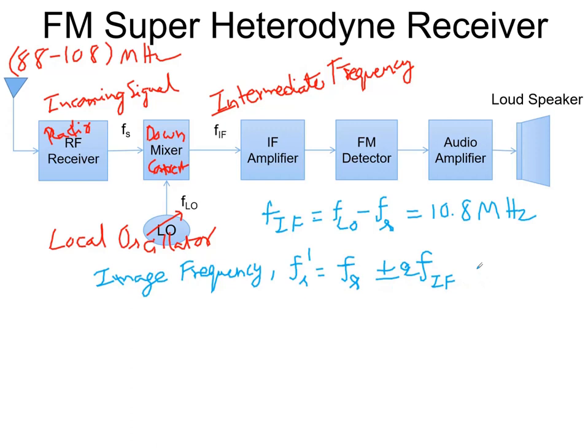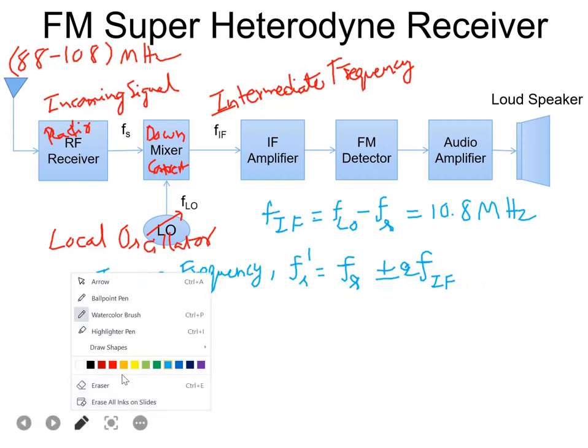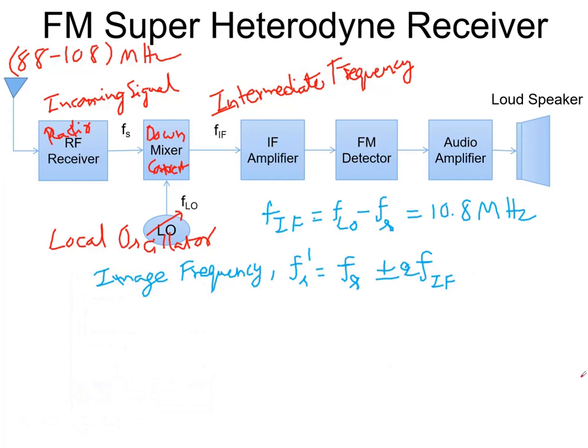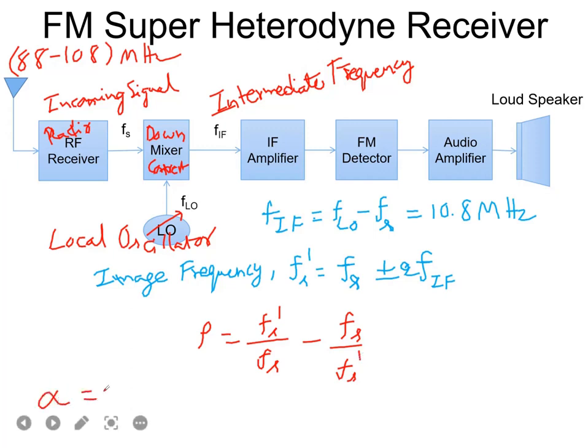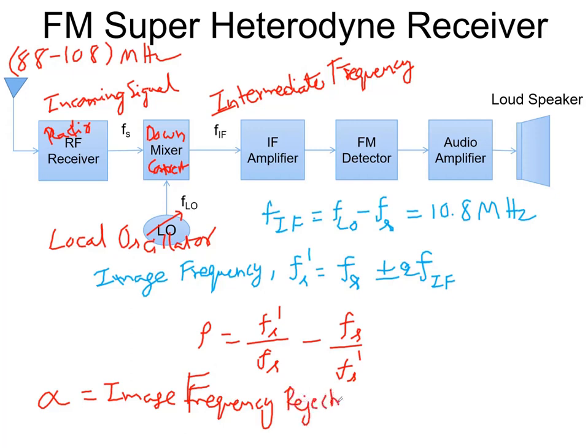Then the other thing here is one rho parameter, which is defined as the ratio of the image frequency to the signal frequency minus the signal frequency to the image frequency, and there is another parameter called alpha, which may also be called the image frequency rejection ratio.